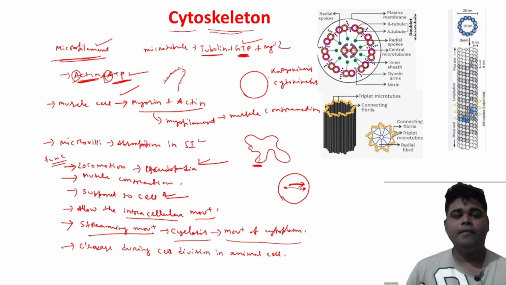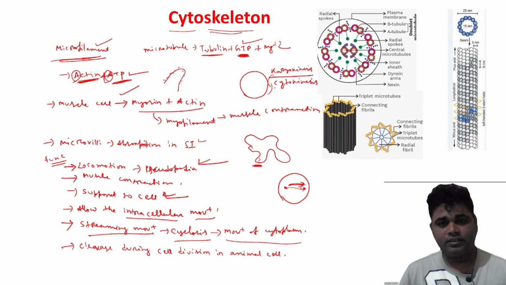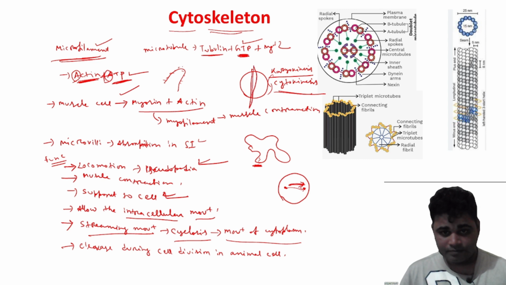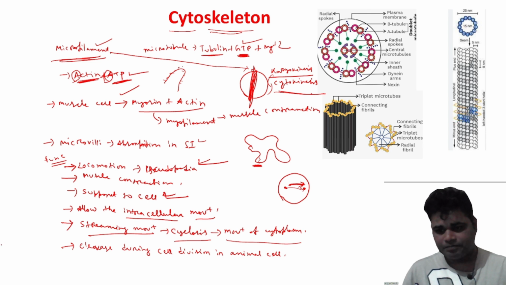Karyokinesis is the division of the chromosome, it occurs first, then the division of the cytoplasm, called the cytokinesis, occurs. That means at the middle the cleavage occurs, and this cleavage is due to the microfilament. So these are the main functions of the microfilament.